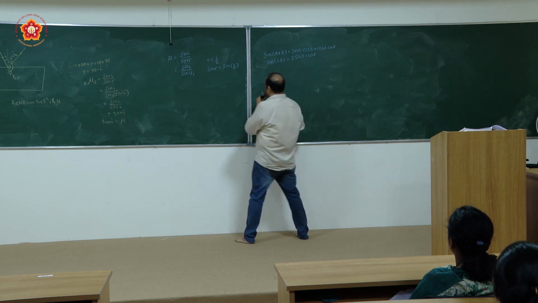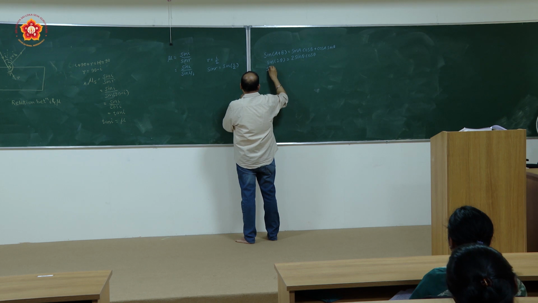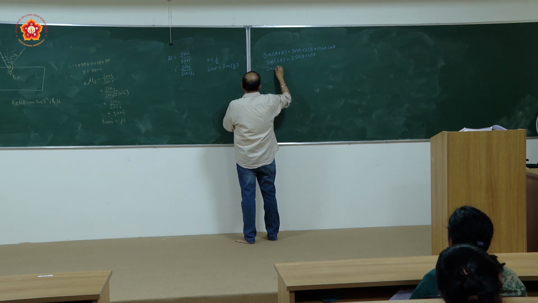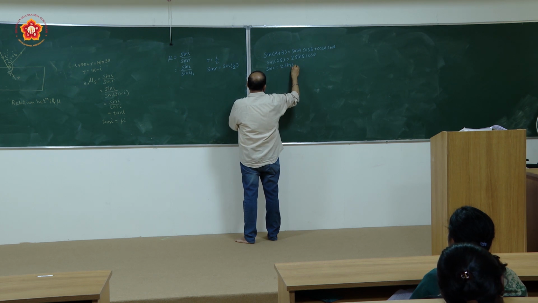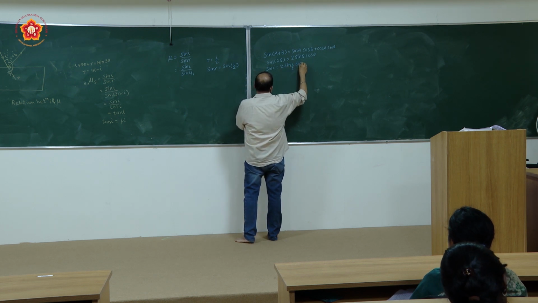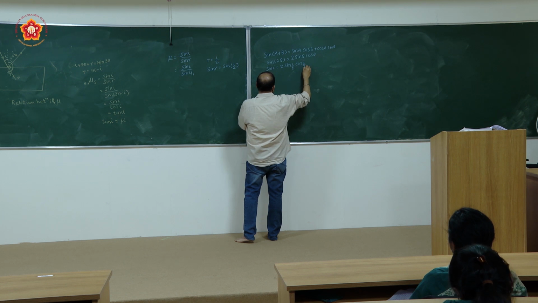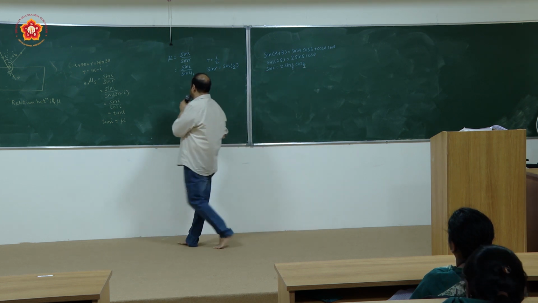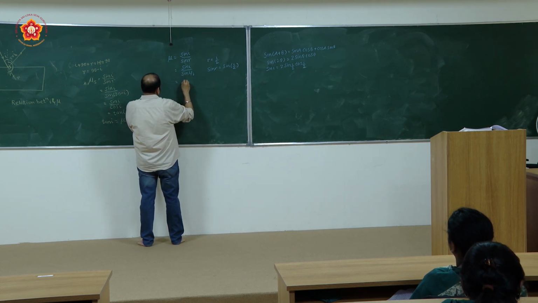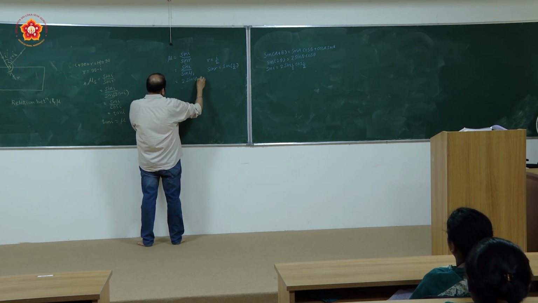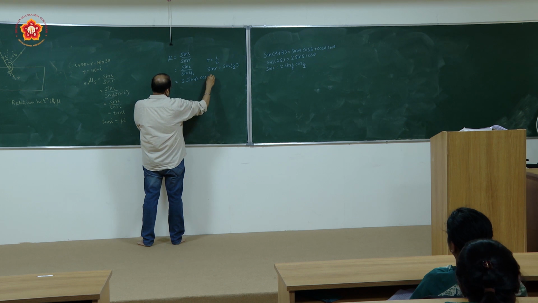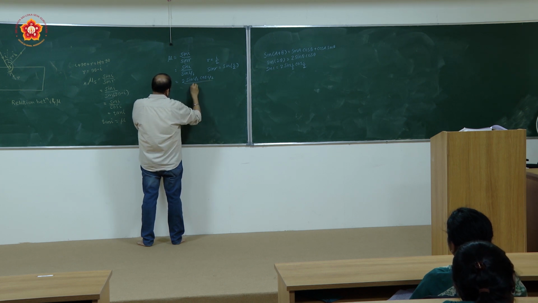Right? So what will be sin of I? Sin of I will be 2 sin of I by 2 cos of I by 2. So if you substitute it here, you will have 2 sin of I by 2 cos of I by 2 divided by sin of I by 2.